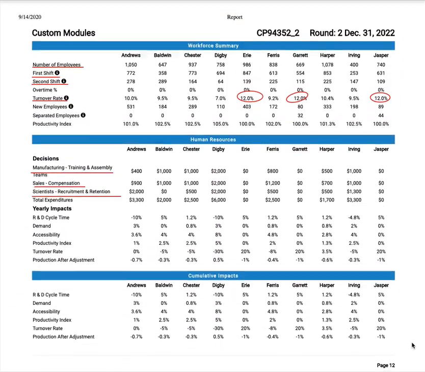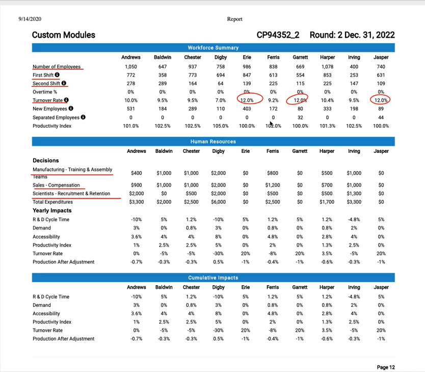Okay. Lastly is the customer module. As I mentioned before, you need to pay attention if the turnover rate is high. Did you give workers training? Did you give sales compensation, retirement, retention?